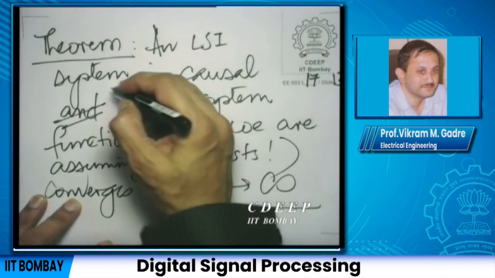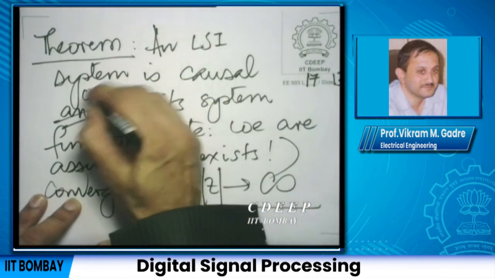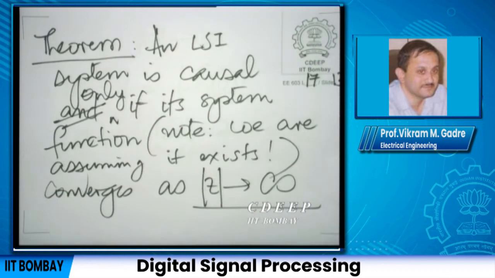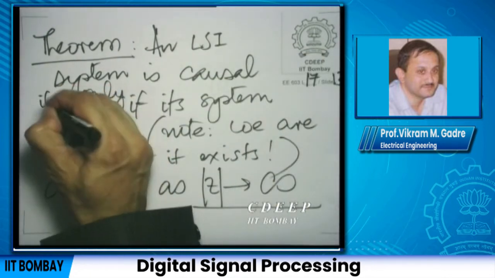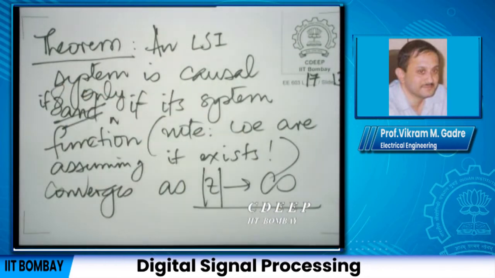In fact, what we have proved here is only one direction of the theorem, but what we do wish to prove is if and only if. What we have just now shown is that if a system is causal, which assures us that h[n] is 0 for n less than 0, then the Z transform, we assume the Z transform exists, must converge for Z tending to infinity. We have shown that.